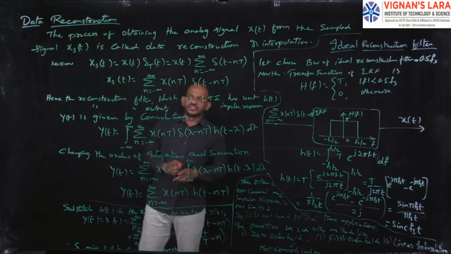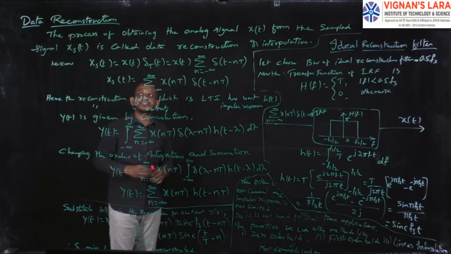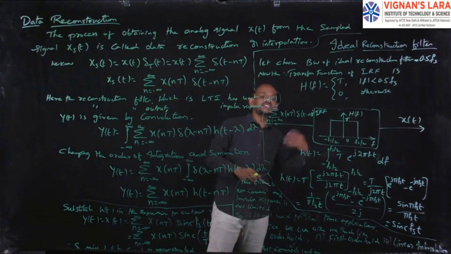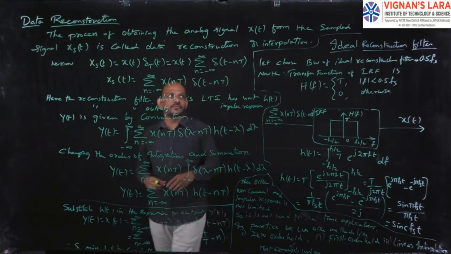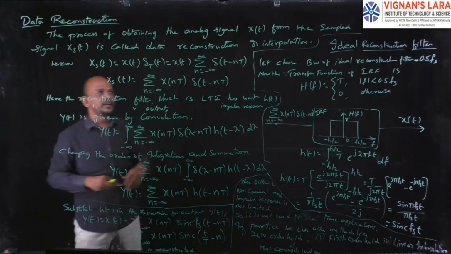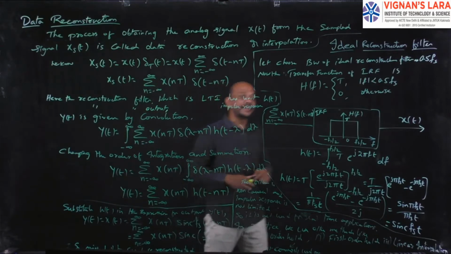Data reconstruction is the process of obtaining the analog signal x of t, that is, the original signal x of t, from the sampled signal xs of t. It is called data reconstruction or interpolation.